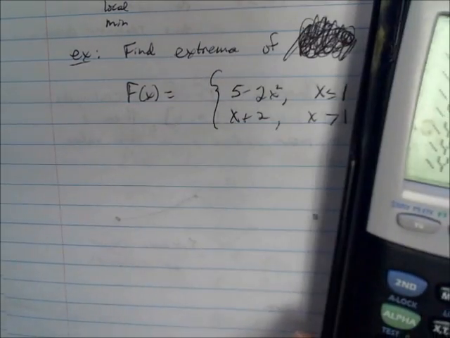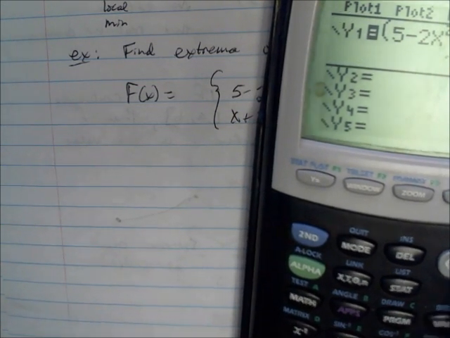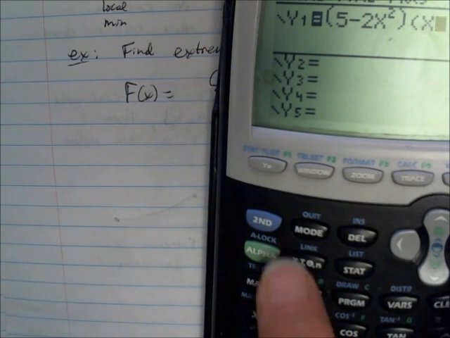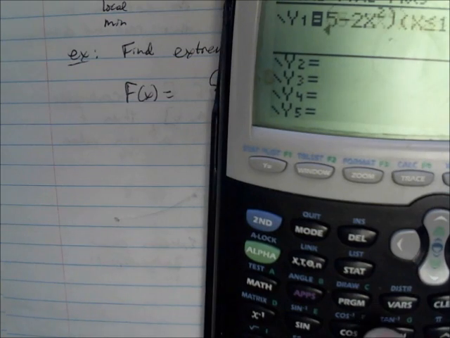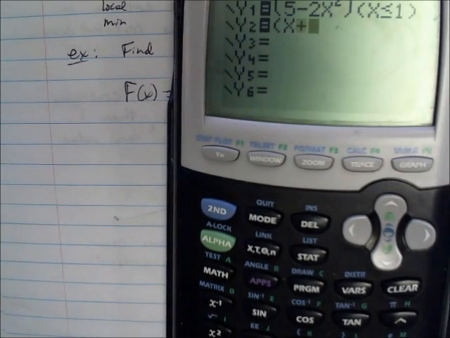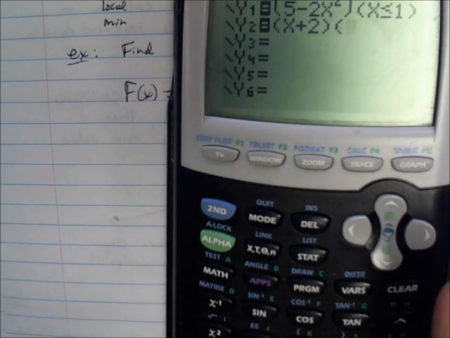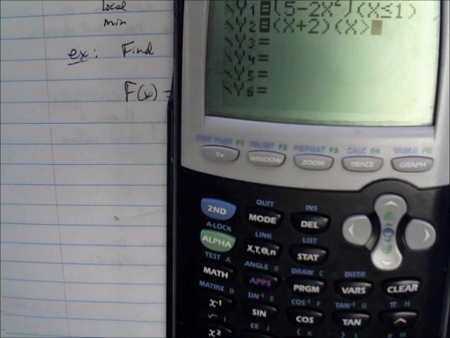If you want to graph 5 minus 2x squared, and that is when x is less than or equal to 1, and the other part of it is x plus 2, and that is when x is greater than 1.